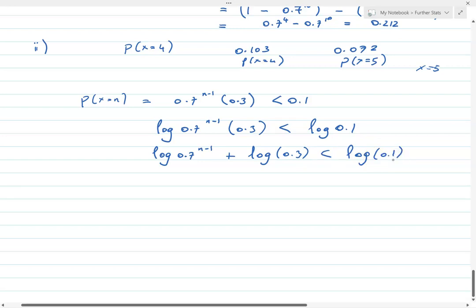And then we could take the log 0.3 over and also bring this n minus 1 to the front using the rule of logs. N minus 1 log 0.7 is less than log 0.1 minus log 0.3.